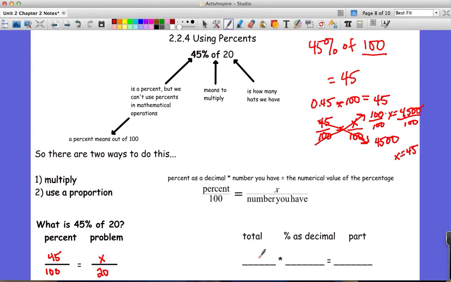Or if I set it up as an equation, I can do my total, which in this case is 20, times my decimal, so 45% is 45 hundredths, and then that is also going to give me my answer. So you can set it up in two different ways. Now this is just for a problem of what is 45% of 20. So this is 45% of your whole equals what part.